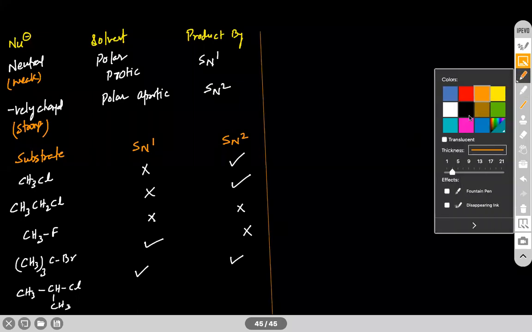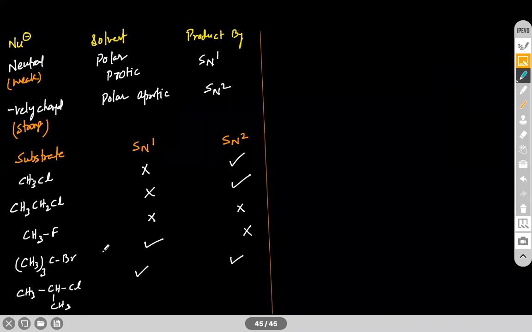But the condition for SN1 is that we must have a weak nucleophile, and for SN2 we must have a strong nucleophile. Like I said, in 2 degree both mechanisms are possible. With a strong nucleophile we have SN2, with a weak nucleophile we have SN1.